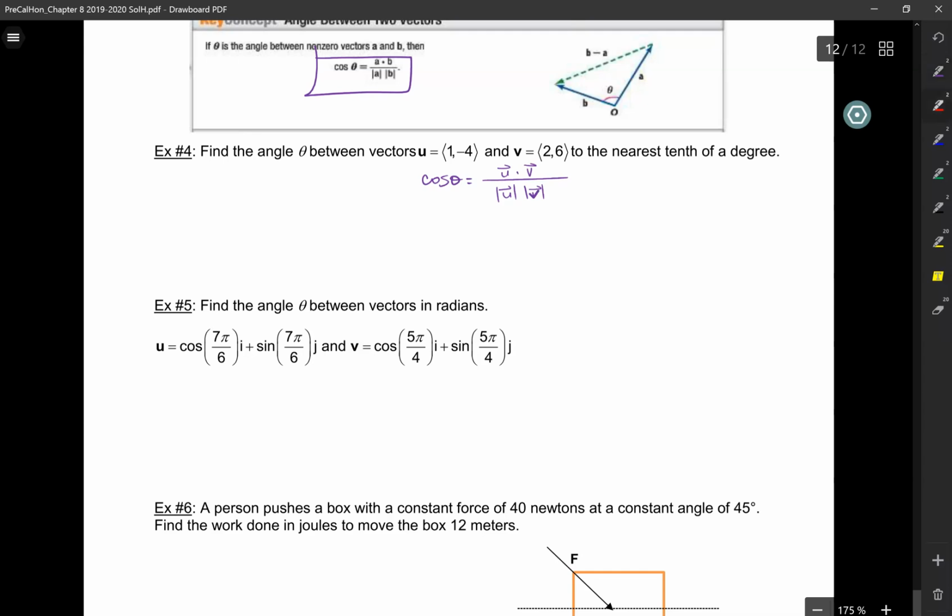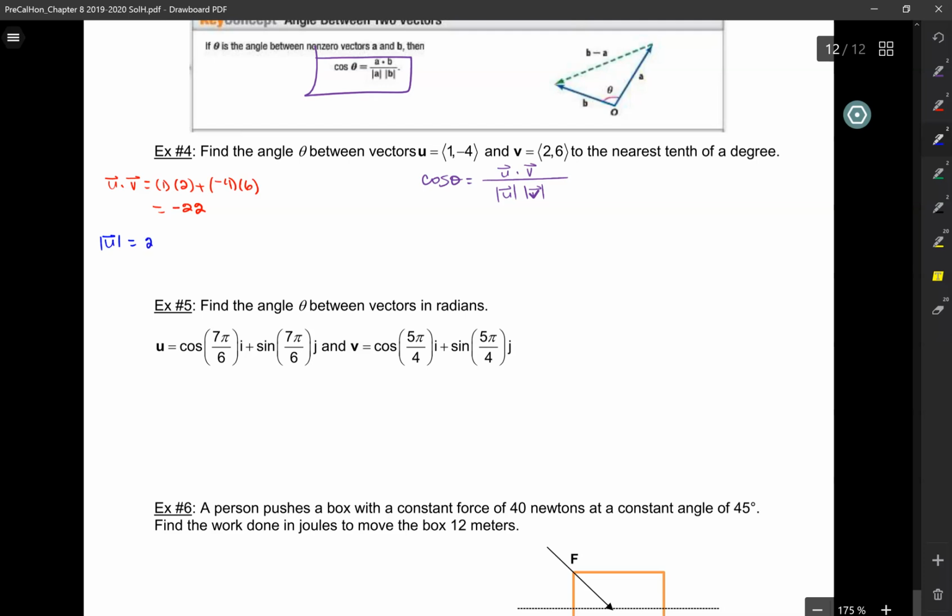Okay, so let's find all of these parts separately. First, I want to find u dot v. That's 1 times 2 plus negative 4 times 6. That's 2 minus 24, negative 22. That's u dot v.